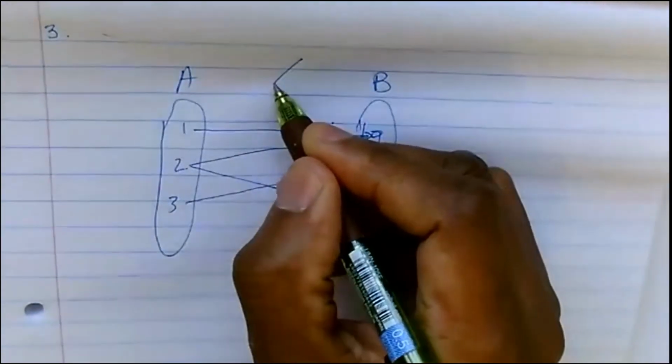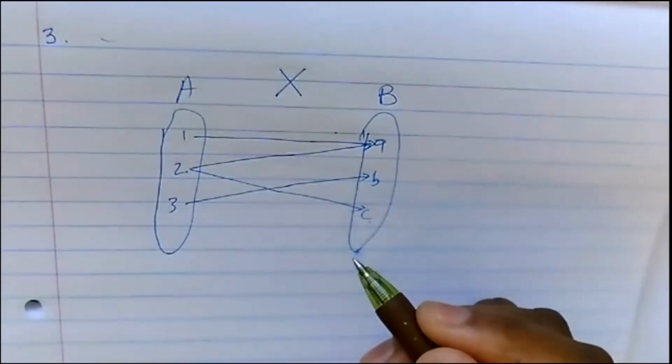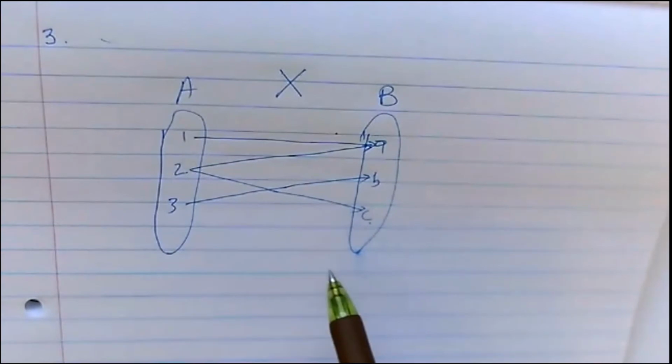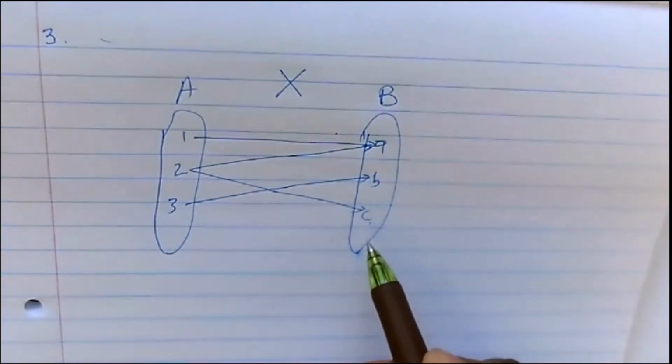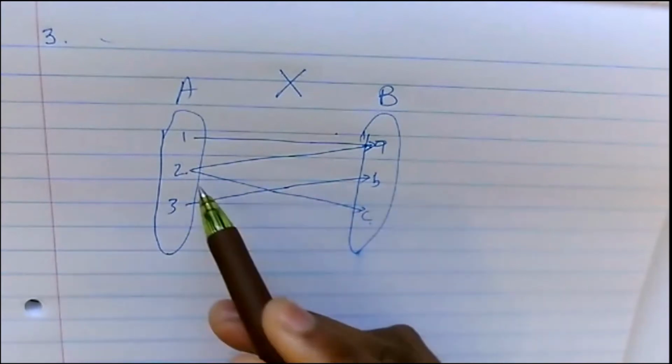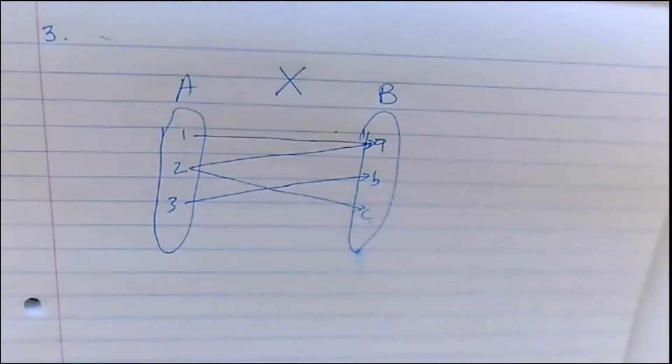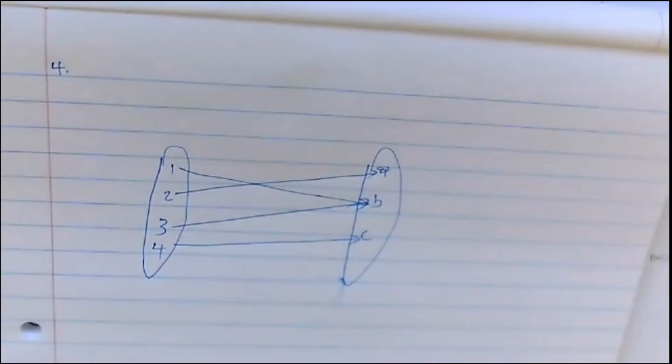So this one now becomes a relation, but not a function. Remember, everything in set A must be assigned uniquely to an element in B. There must be a uniqueness assignment from A to B. So that's why this one is failing to be an example of a function.